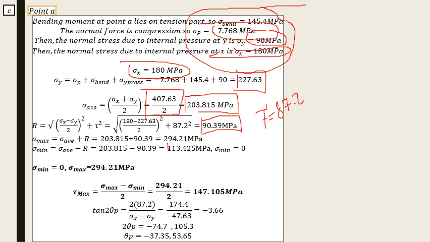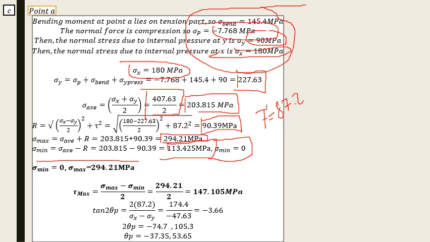Then sigma max is equal to sigma average plus R. Sigma max is this value, 294, and sigma min is sigma average minus R, and we got this. But because this is the 3D case and should be treated as 3D Mohr's circle, if sigma min is not negative, then sigma min will be 0.